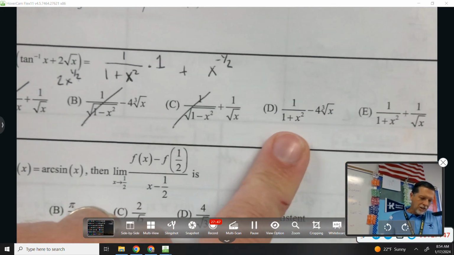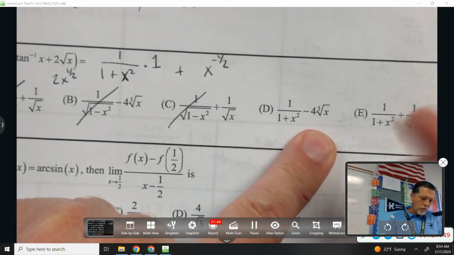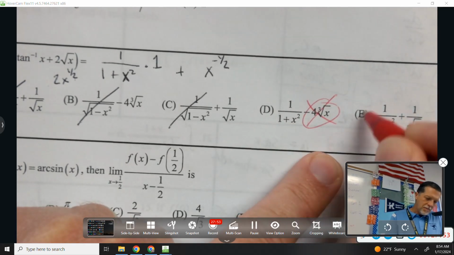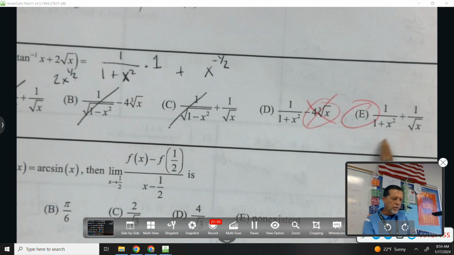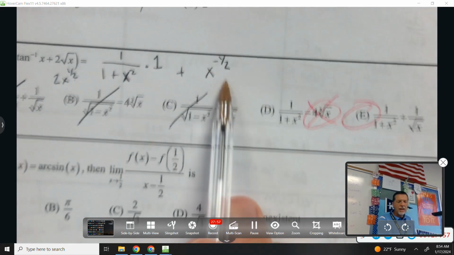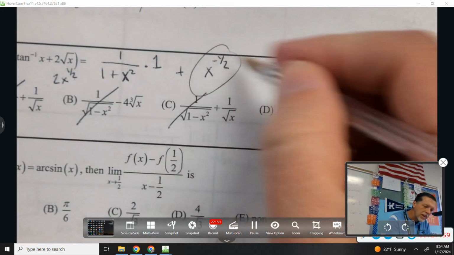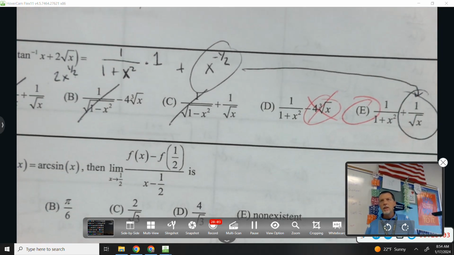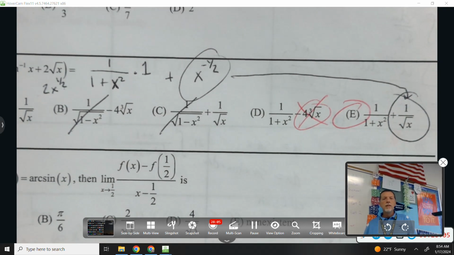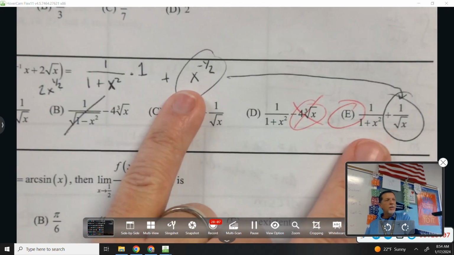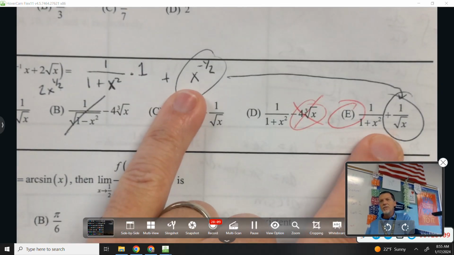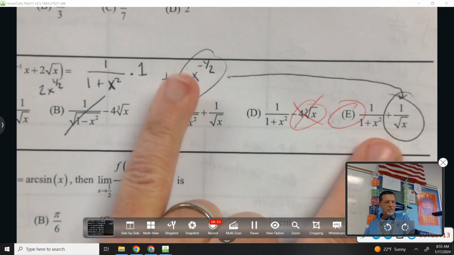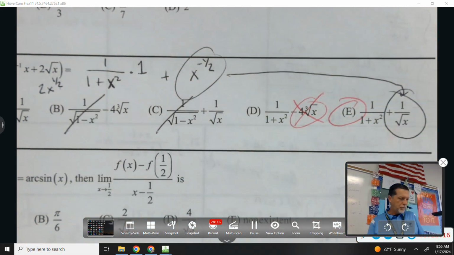Okay, D, we're getting closer, but that 4 and cube, I don't know what's going on there. Yeah, it's E. 1 over 1 plus x squared, and then x to the negative 1/2, that's the same thing as square root in the bottom. Now you know why we spend such a long time in algebra 1 and 2 and pre-cal with roots and powers going back and forth.